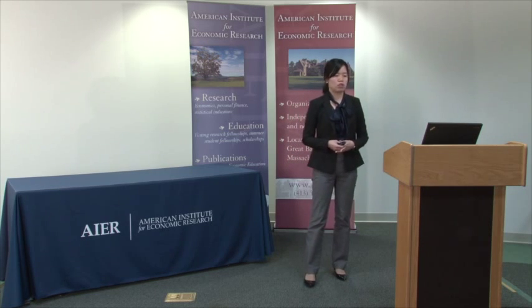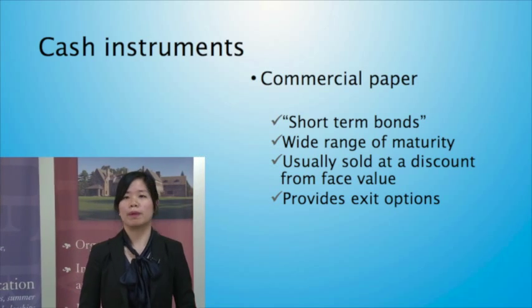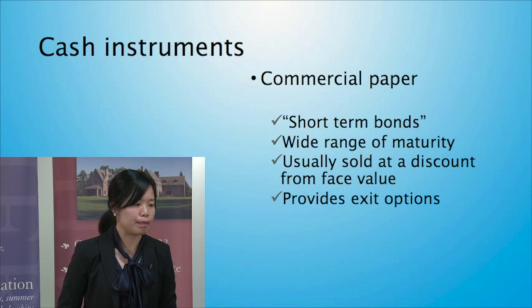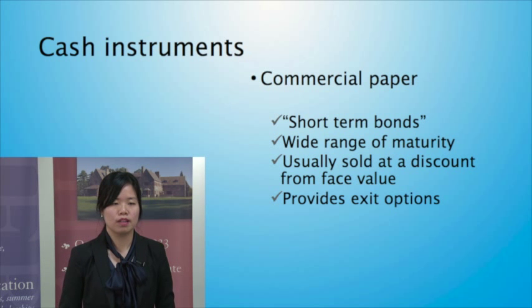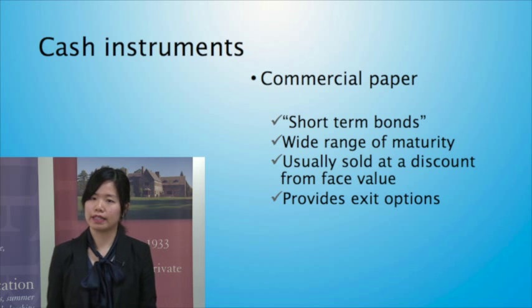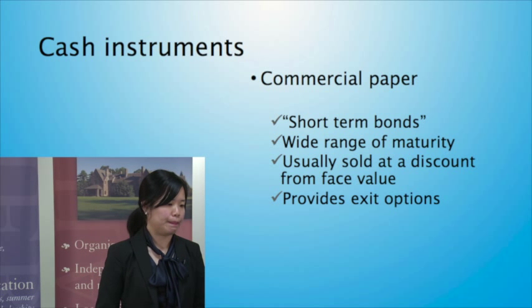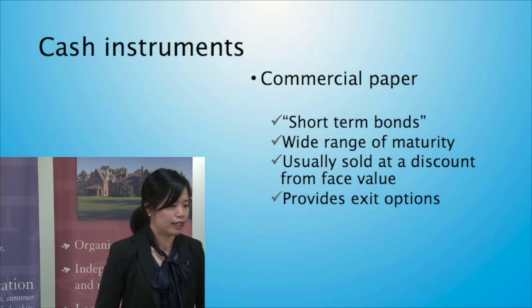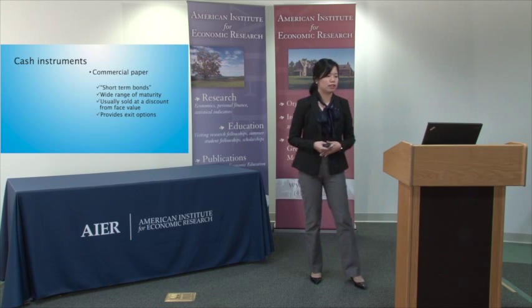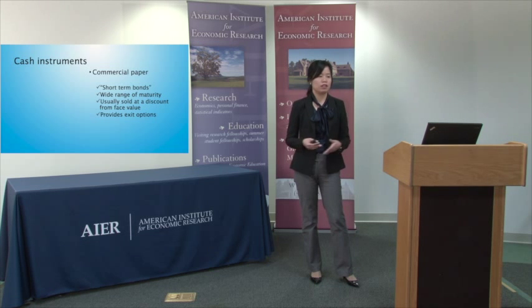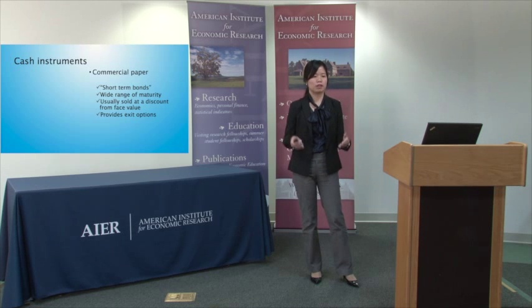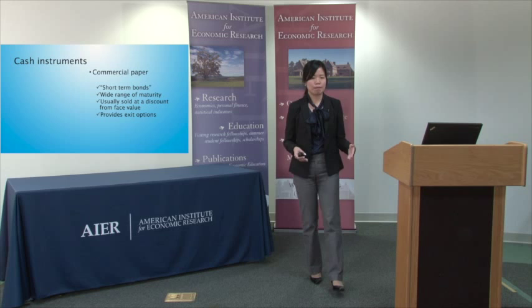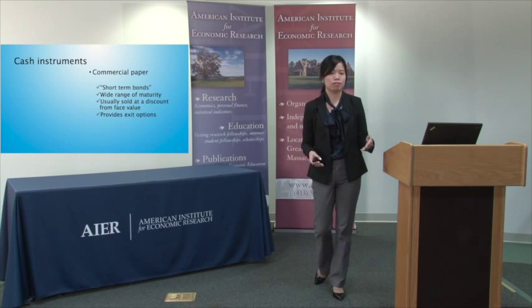The second cash instrument is commercial paper. Commercial paper is short-term debt from companies. So you can also call it short-term bonds. One of the benefits is that it is basically companies trying to borrow money from the public for short-term debt.